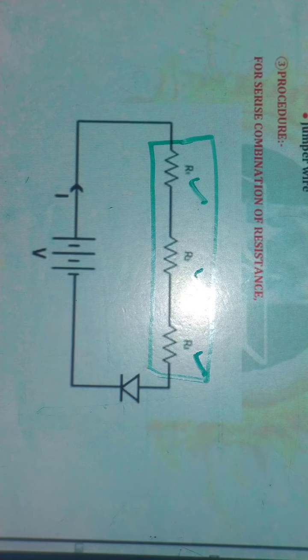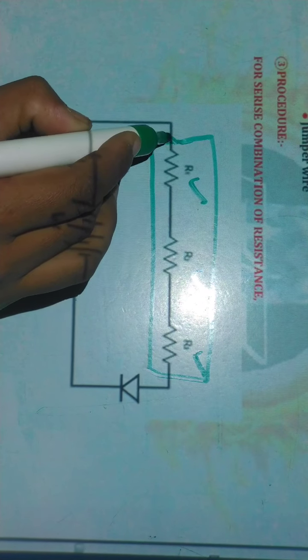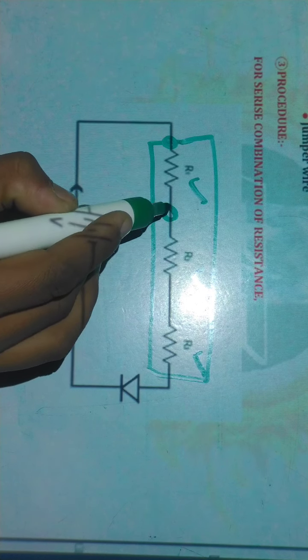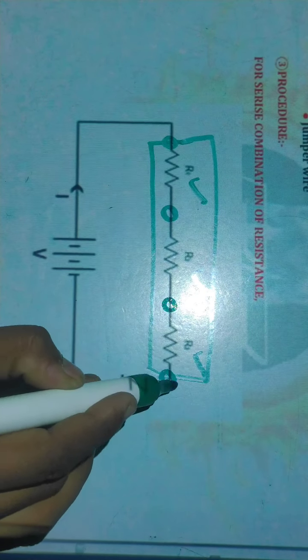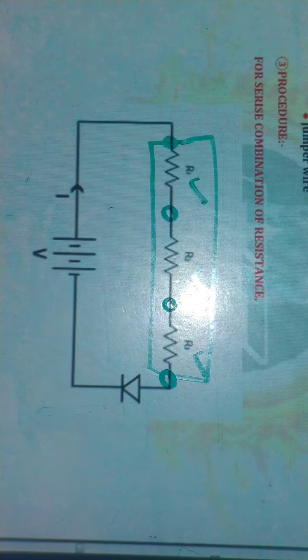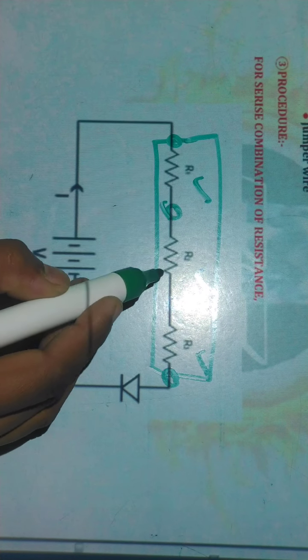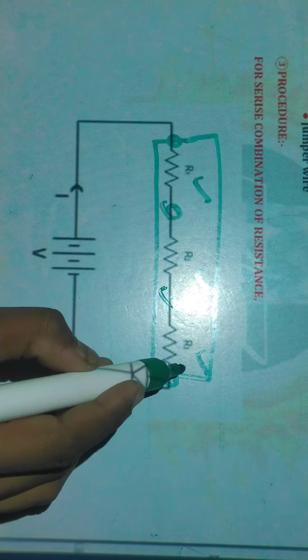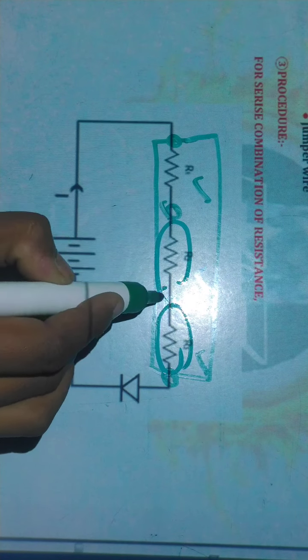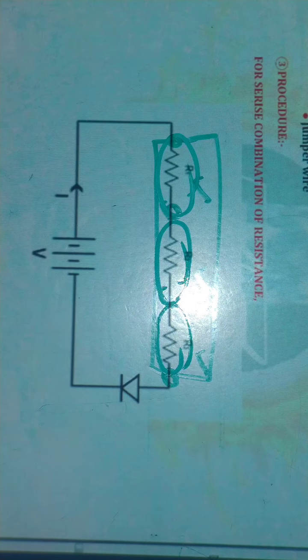What is the unique identification of a series connection? The three resistances are connected together, and these are the junction points of the resistances. First one, second one. This is the first resistance, this is the second resistance, and this is the third resistance.